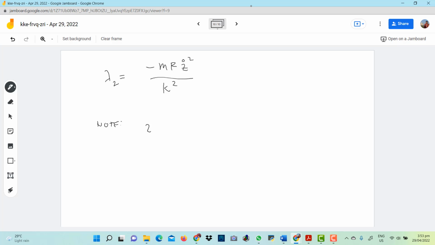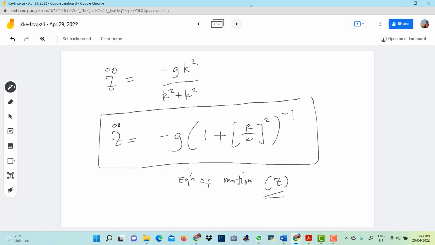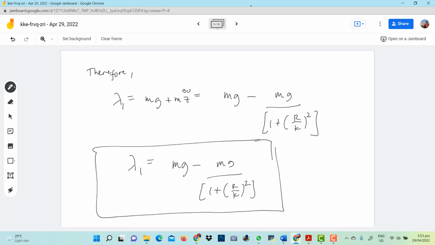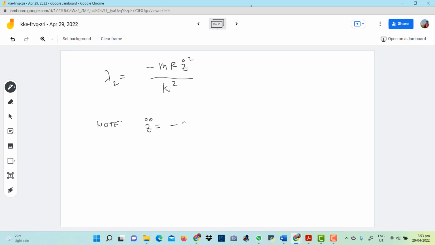that z double dot, we know from the equation of motion of z, is equal to minus g times 1 plus r over k square to the negative 1. So solving for z dot is easy. If you have z double dot, that is just equal to dz dot over dt.